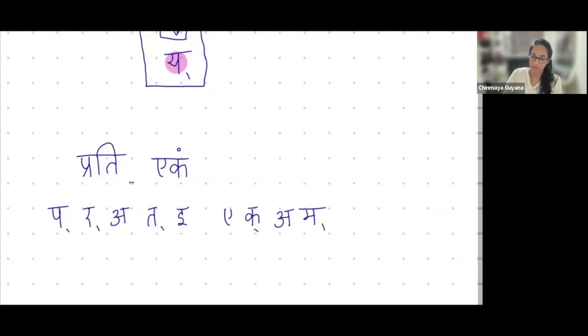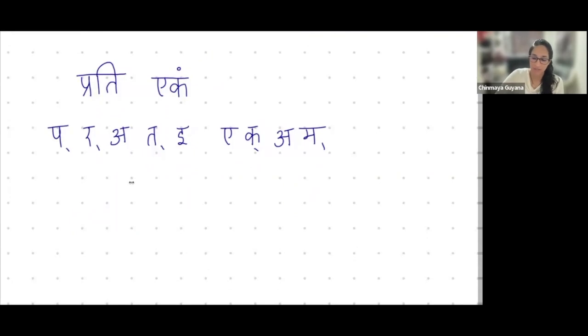I hope everybody put the r in the correct place. And I hope nobody put the e before the t. Prati ekam. So this is our broken down two words.